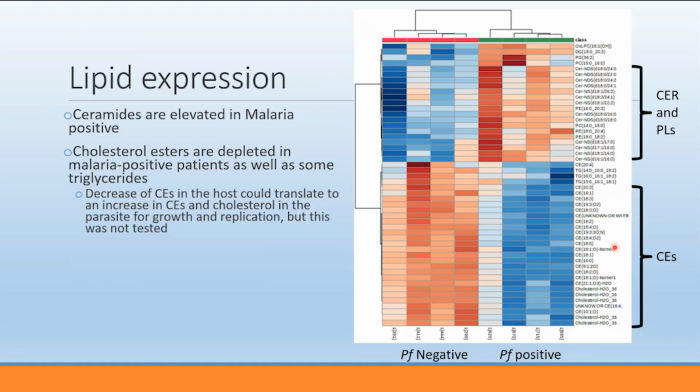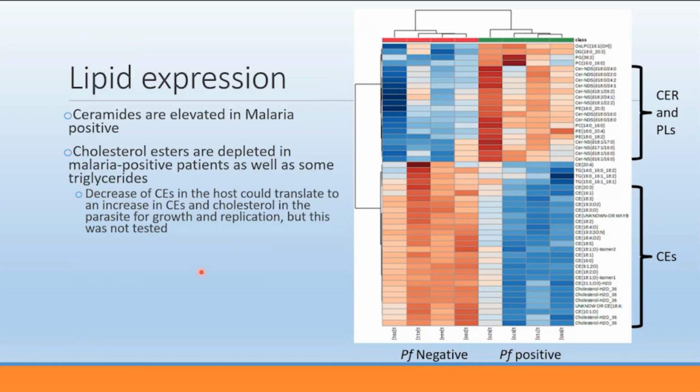This decrease in cholesterol esters could be related to an increase in cholesterol in the malaria growth or development. We don't know yet, but we know that parasites need cholesterol for growth and replication. But in this case, we don't necessarily have isolated malaria parasites.